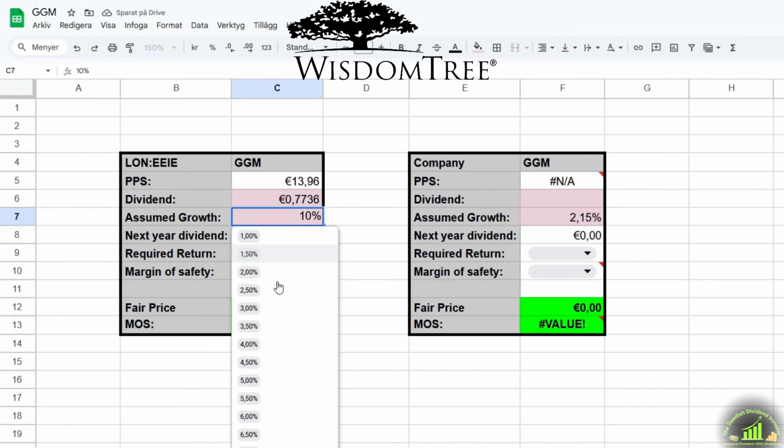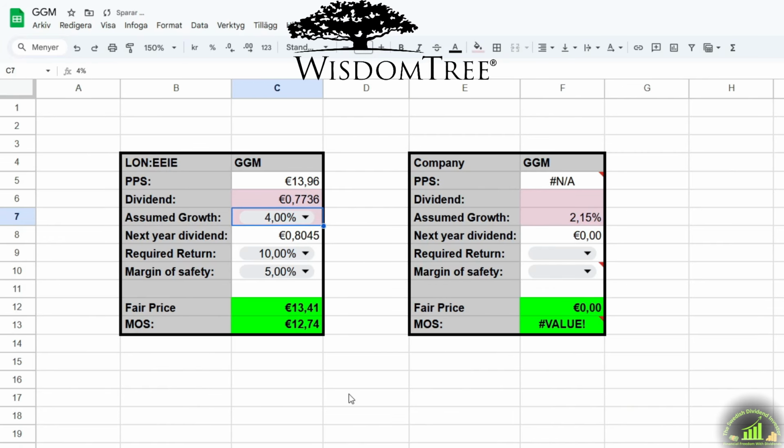So I would say we should use the 4% for this calculation, a 10% discount rate and a 5% margin of safety. And we get an intrinsic value of 13.41 euros or 12.74 euros with a 5% margin of safety. Again, about where we are. And if that 4% growth plays out, we should expect around a 9 to 10% return.